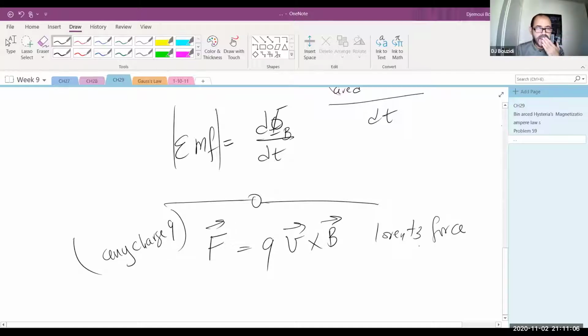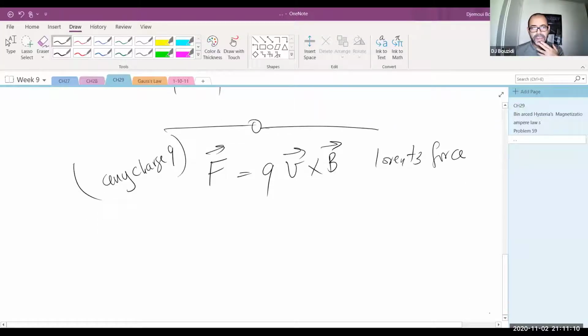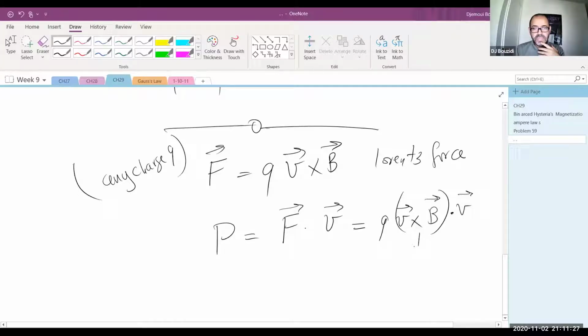Okay, because of that, we said that this force does not do work, because if I'm trying to find the power, it is just force times velocity. And the force in this case is perpendicular to the velocity because it's coming from this cross product. Now, when I dot it with the velocity itself, this is perpendicular to V, because V cross B has to be perpendicular to both V and B. So in particular, it's perpendicular to V itself, to the velocity.